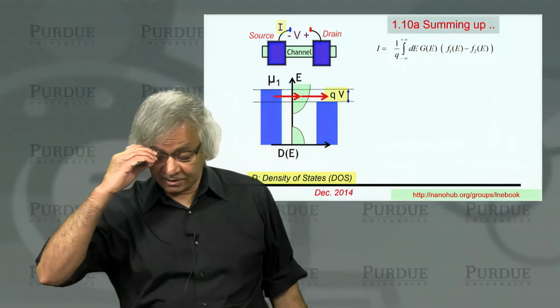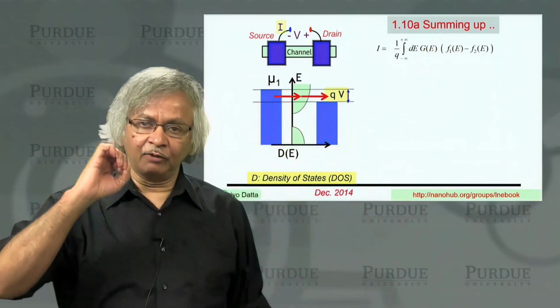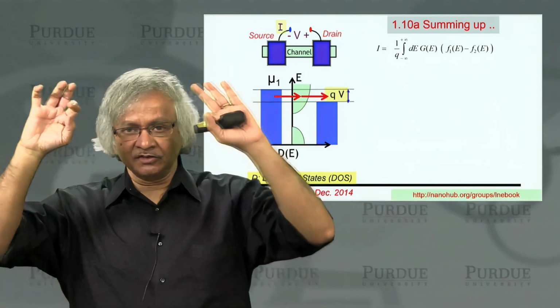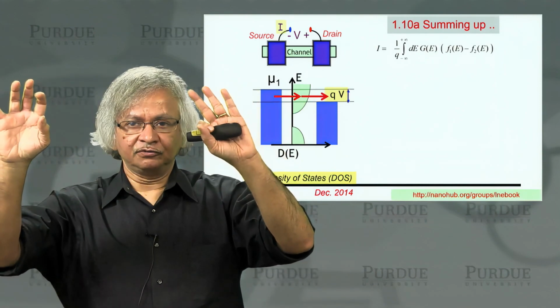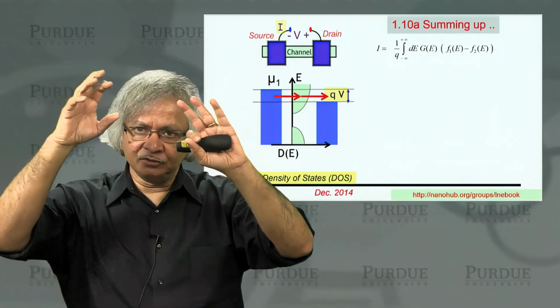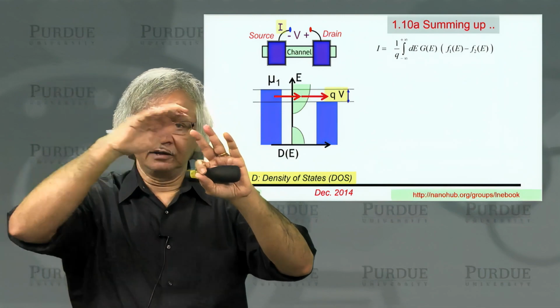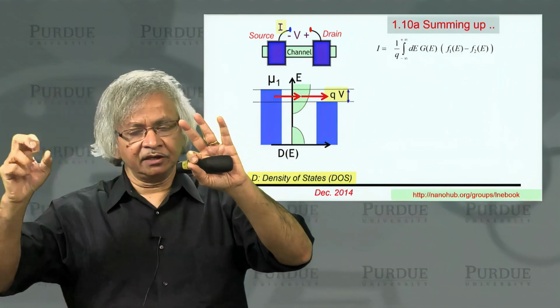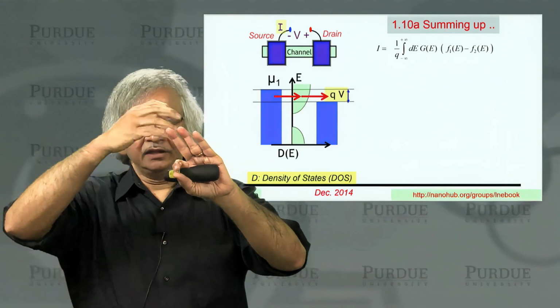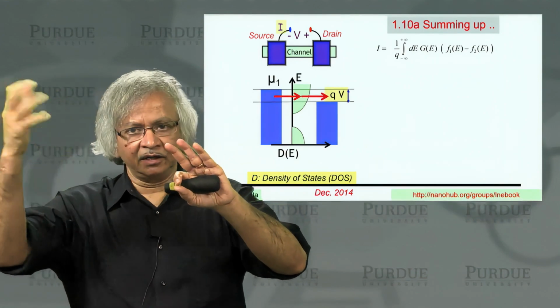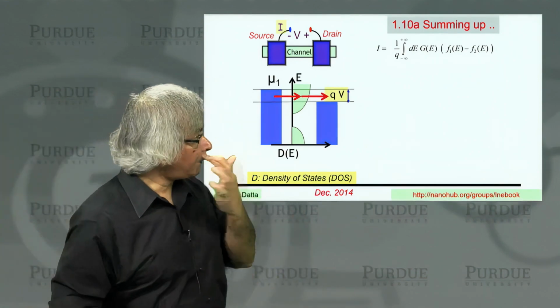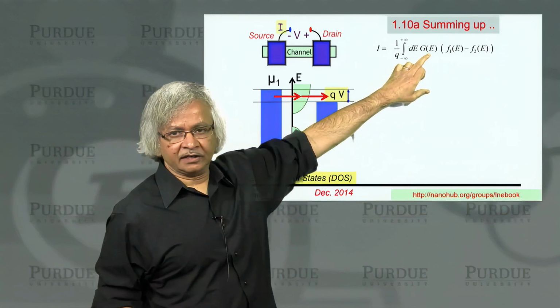Because, as we discussed, the essential point why current flows is because F1 is different from F2. So one contact tries to bring it into equilibrium with F1, another contact tries to bring it into equilibrium with F2. And in the process, electrons keep coming in and going out. So that's the current through a given energy.